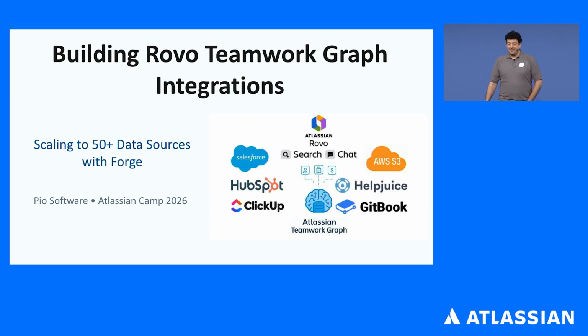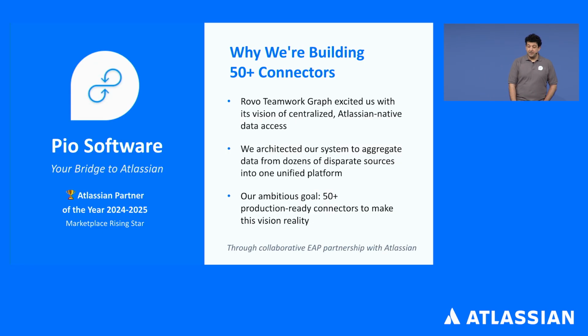Thank you, Adam. Let's talk about how we can ingest high volumes of data from different data sources and silos using Teamwork Graph connectors. Before we continue, a quick introduction. I'm Ali. I'm a software engineer and architect at PO Software. You might recognize us from the data importer apps we have in the marketplace.